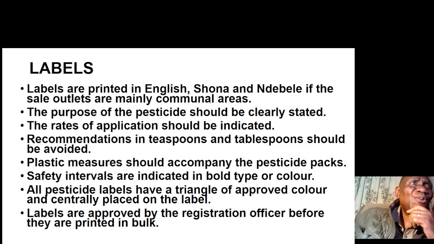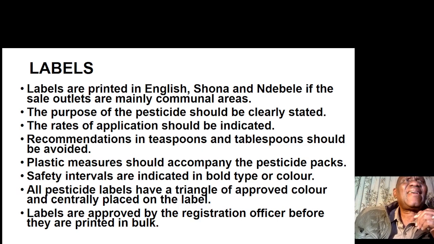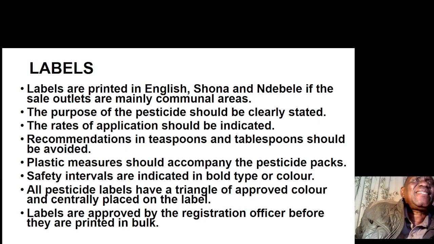Now, as for labels, normally we want labels printed in English, Shona and Ndebele, so that we can communicate with the smallholder farmers in communal areas. Of course, some may be in English.